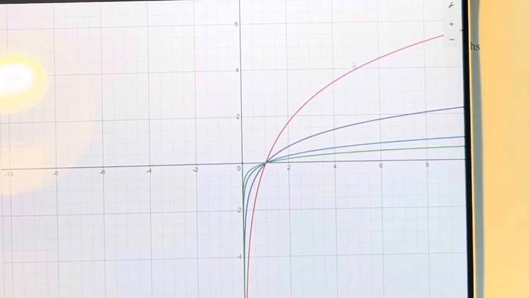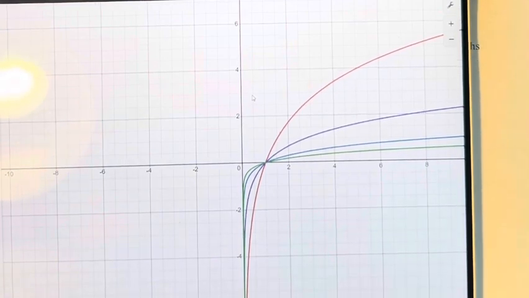Because going back to our transformation section of this textbook, dividing by a different value is equal to multiplying by 1 over some value, which means you're doing a vertical stretch, or a vertical shrink rather in this case, by a factor of whatever this is. So here, it's dividing by ln of 1.5.